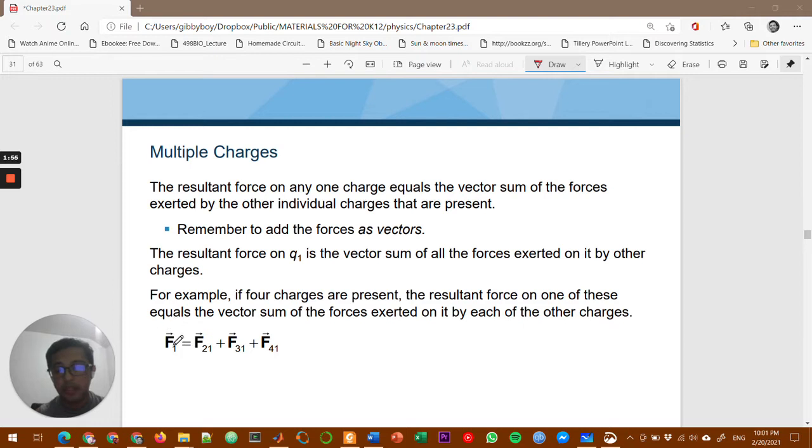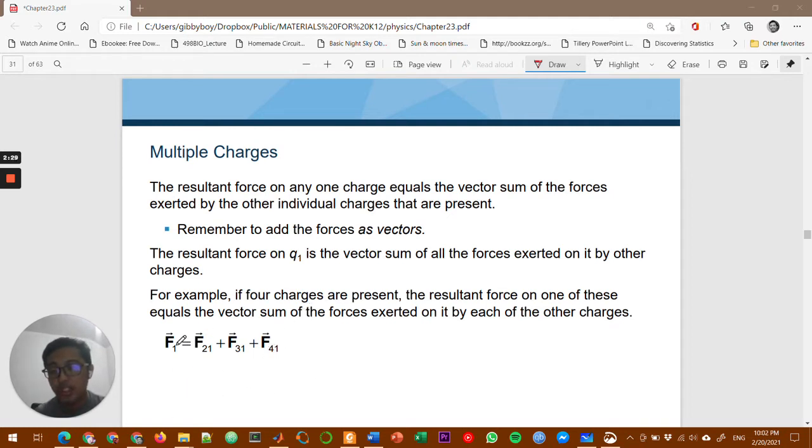Okay, so for example, if you want to calculate the force exerted onto charge 1, that is equal to the force exerted by charge 2 on charge 1, plus the force exerted by charge 3 onto charge 1, plus the force exerted by charge 4 onto charge 1.